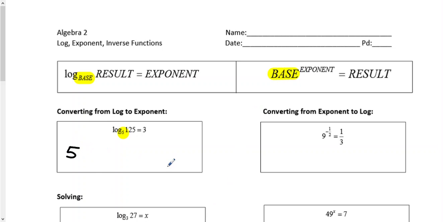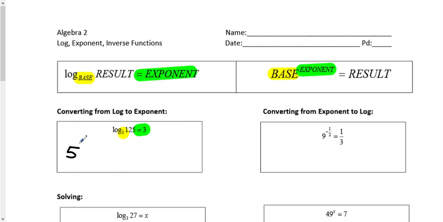So I have 5 as my base. Then I want to figure out what is my exponent going to be. Well, in log form, they always equal the exponent. So in this case, it equals 3, and that exponent is written up above my base.